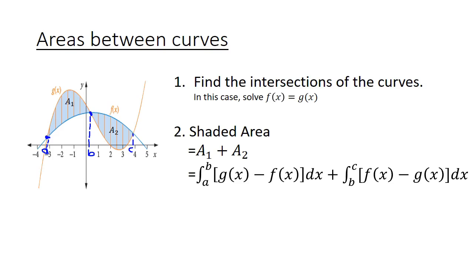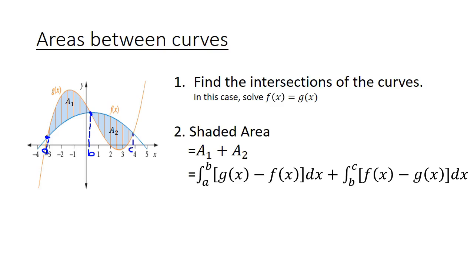A1 is the definite integral of g(x) minus f(x) from A to B. Please take note that g(x) is above area A1 and f(x) is below area A1. So we use the function above minus the function below.